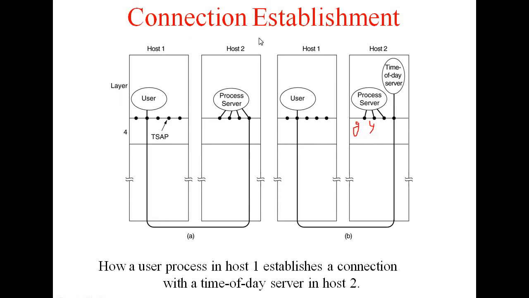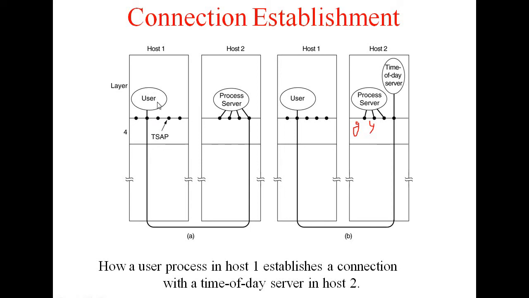Let us discuss connection establishment. Consider a transport entity that tries to establish a connection with the time of day server. Here, diagram A and diagram B are the same, but diagram A is being elaborated here. This shows the application layer, and there is a user who wants to establish a connection with the time of day server. They have shown some processes, like processes 1, 2, 3, 4, 5, and here also some processes.